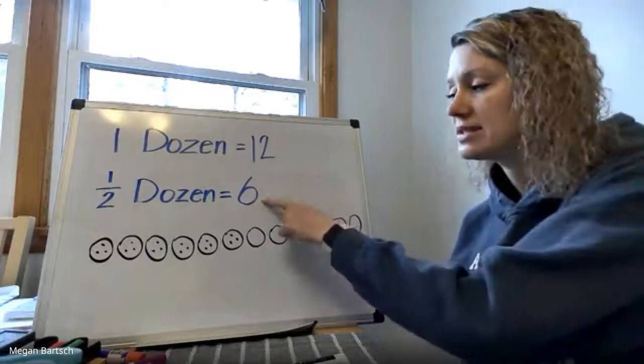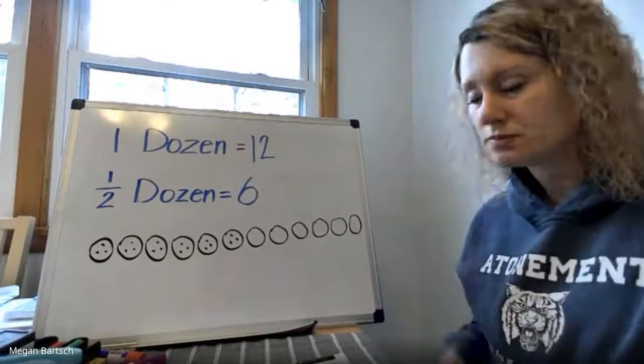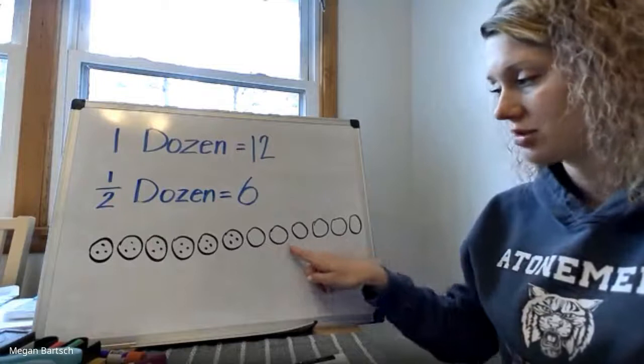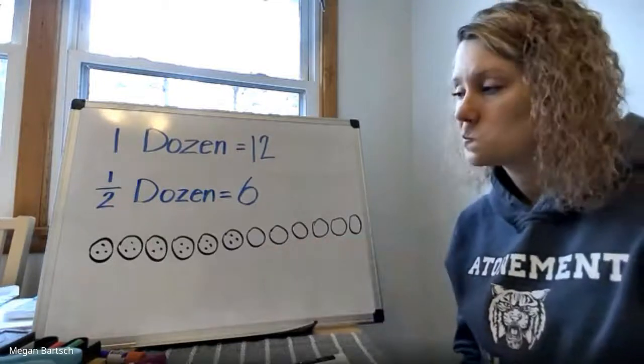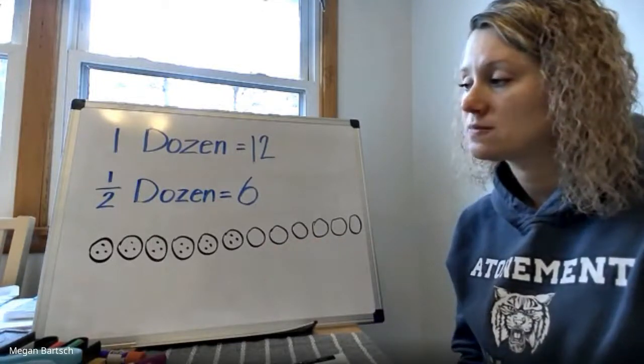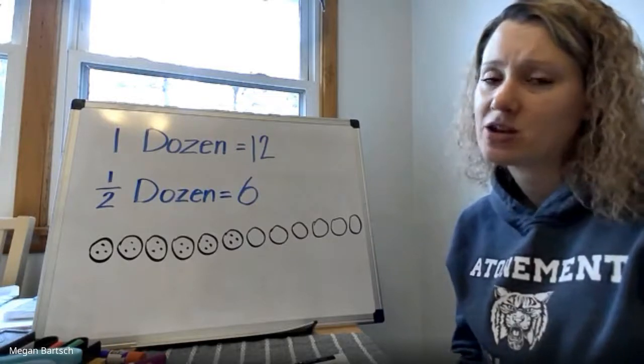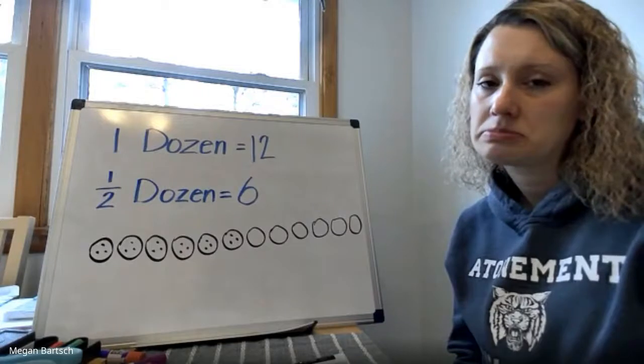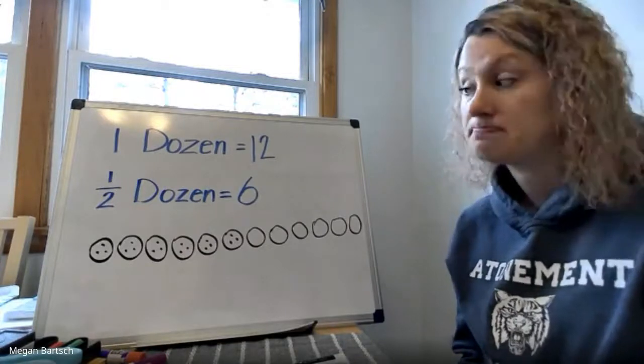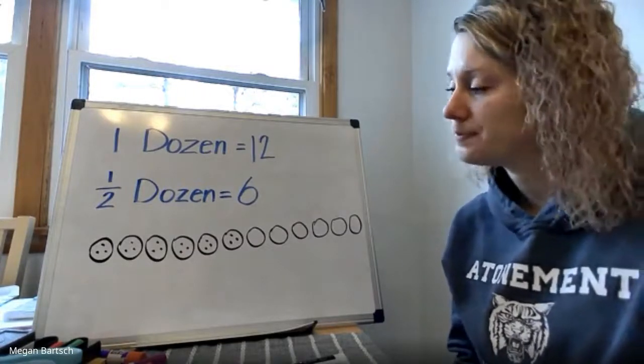Half dozen means only 6 of your cookies. The other ones do not have chocolate chips. You wouldn't sprinkle these on top, you'd actually bake them in the cookie, but I just made this up, so we're going with it.